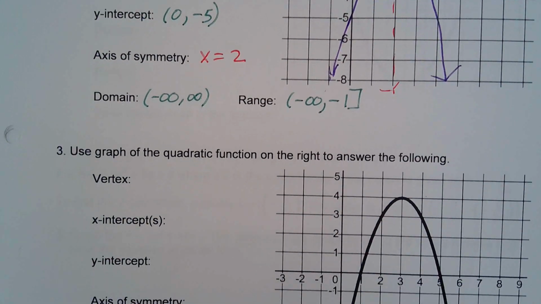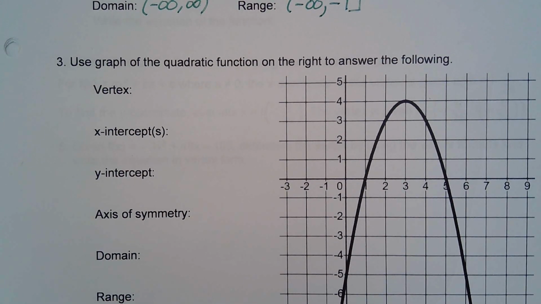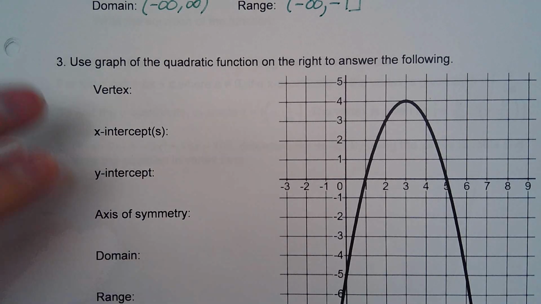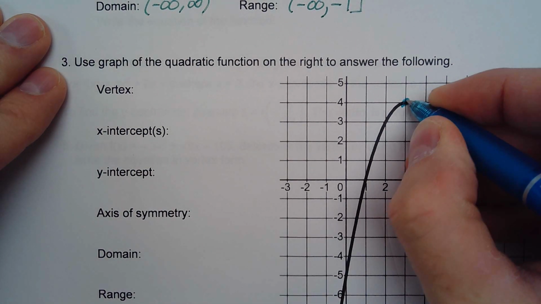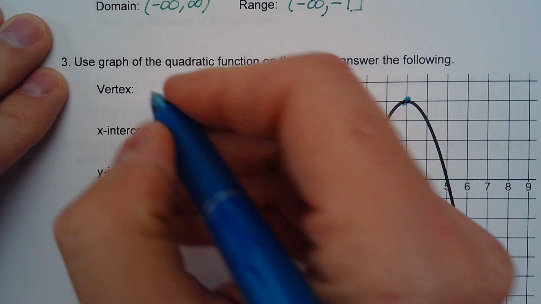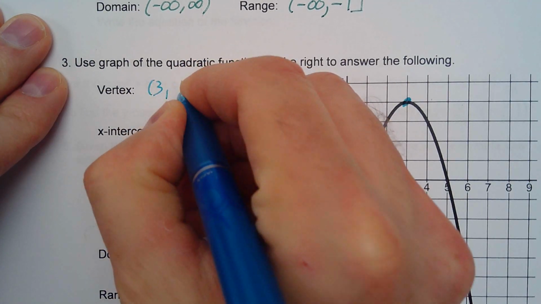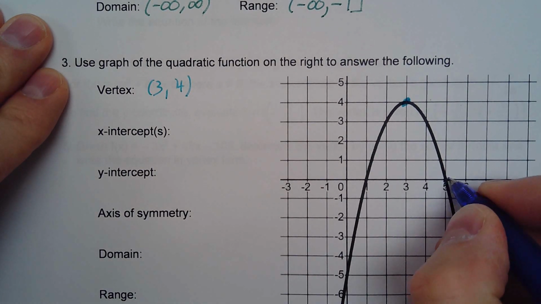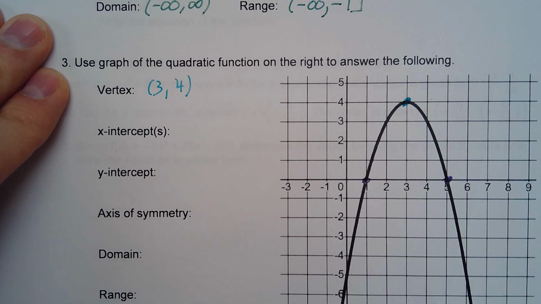All right, let's take a look at number 3. This time we're given the graph and we want to find these things. So we've got the graph. So my vertex is this point here. That's (3, 4). My x-intercepts are here and here. So 1 and 5.